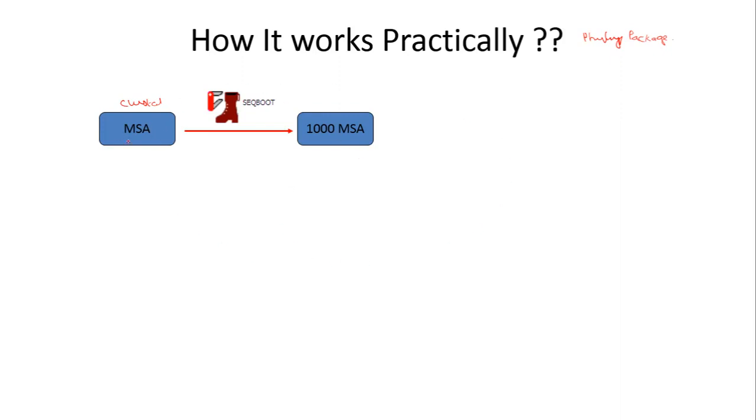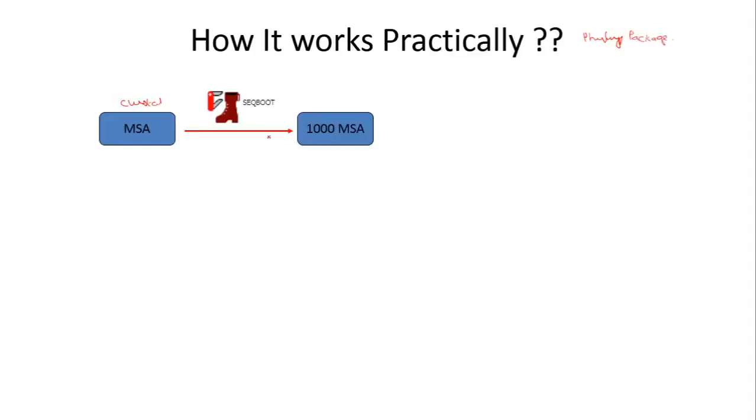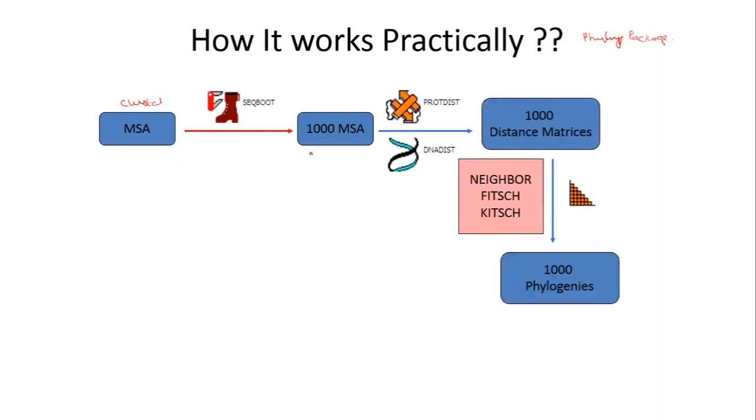You begin with a multiple sequence alignment that you might obtain using software like Clustal. Then in this Phylip package, you have a computer program called seqboot that would generate such 1,000 different pseudo data sets. Okay, so you might end up with some 1,000 multiple sequence alignments.